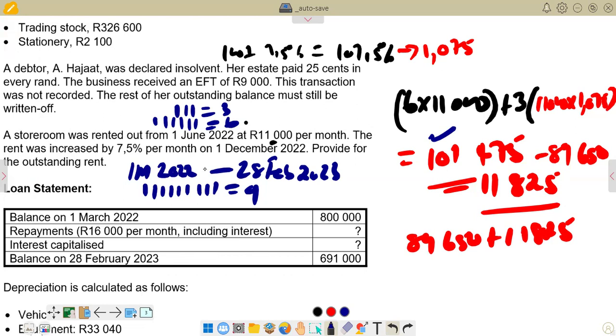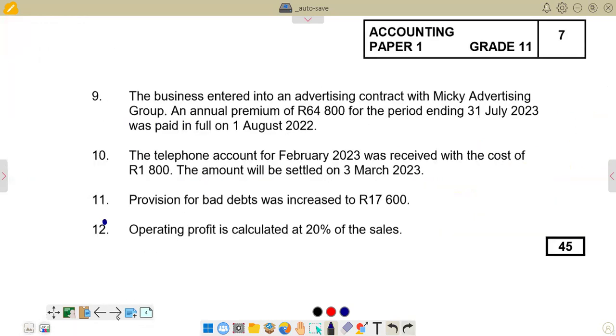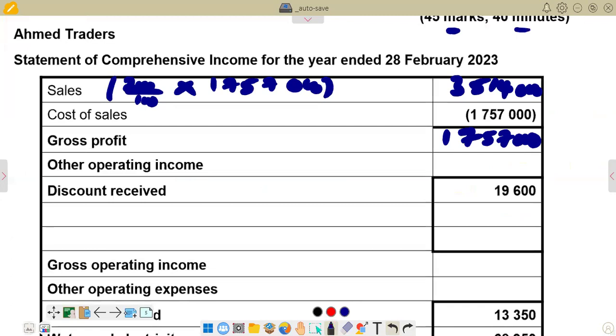So if you come here, we just summarize that calculation. We are on rent income, and in brackets, that's where we show the working: 89,650.